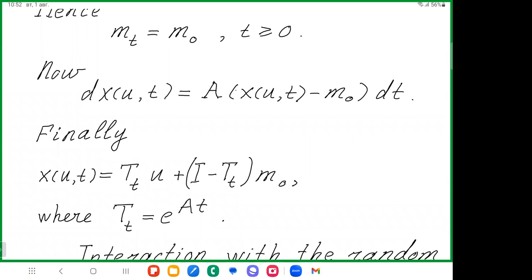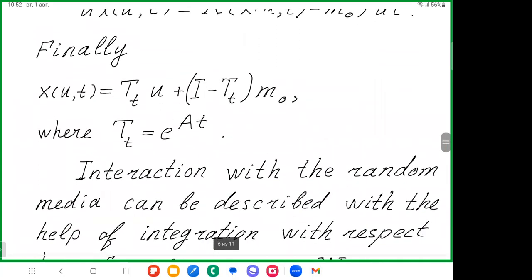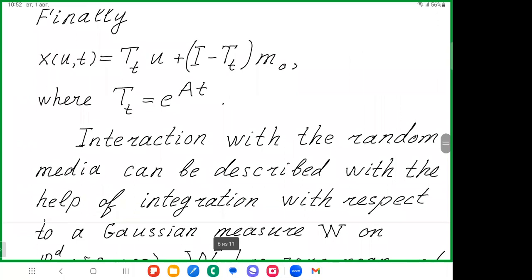Maybe we must study the asymptotic behavior relative to the center of the mass, for example, of the total mass distribution, or relative to some other points or manifolds which we can build basing on the measure mu_t. This is an important remark. Now let us go to the interaction with the random media.